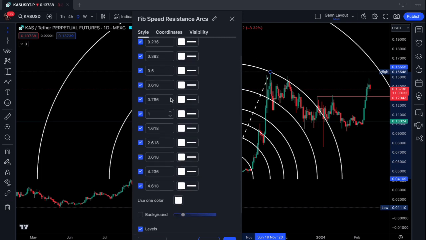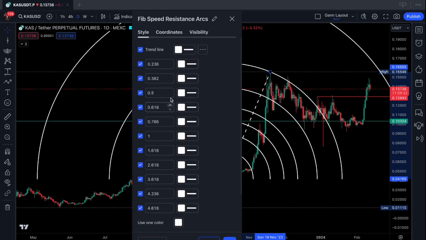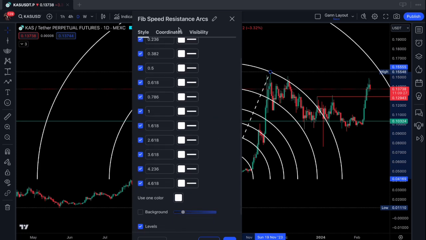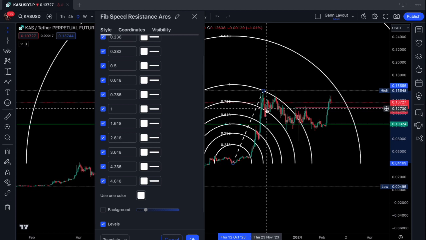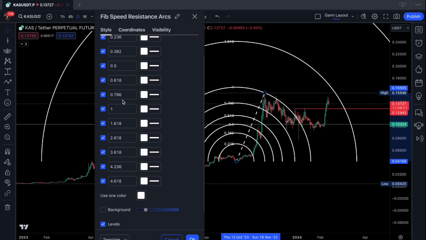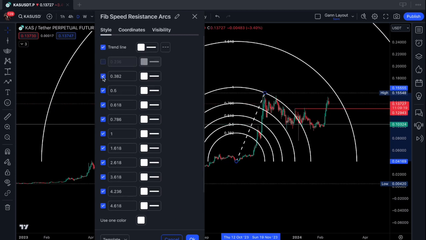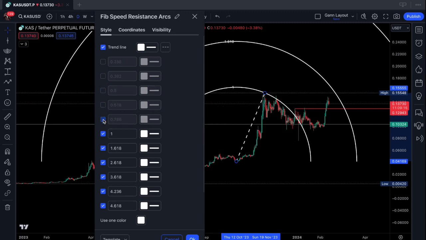Okay? Now, sometimes you need to adjust the values to fit the distance that you want to project. If you want to project long distance, then you don't need the 0.236, you don't need the 0.382, you don't need anything. You need the above 1, let's say 1, 1.618, 2.618.